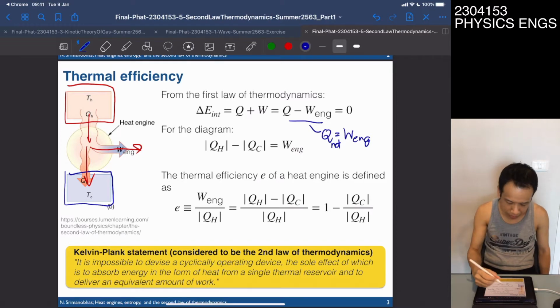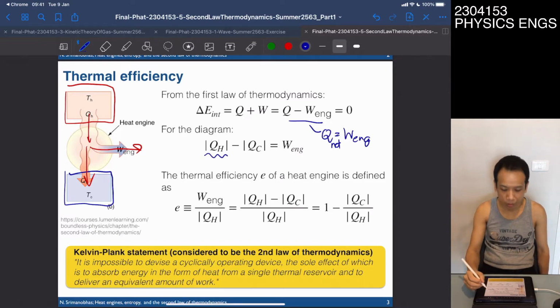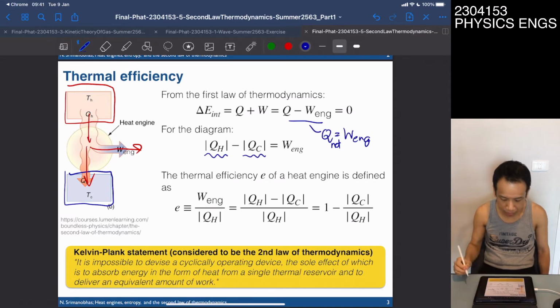The Q net is the absolute value of Q from the hot reservoir minus the absolute value of Q from the cold reservoir.